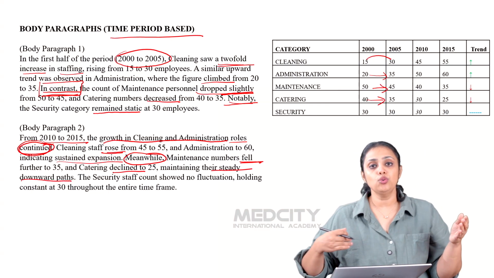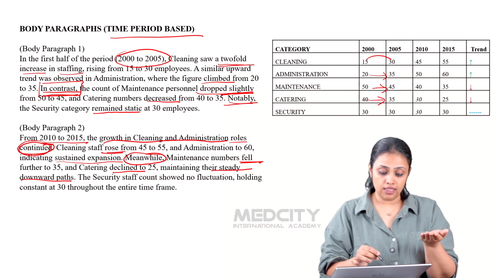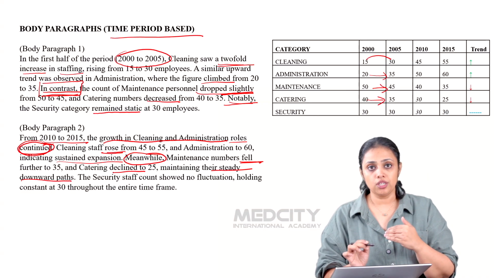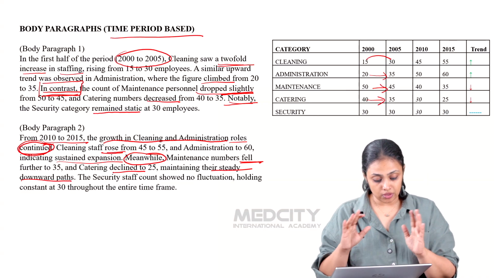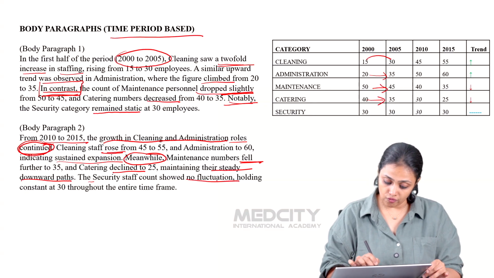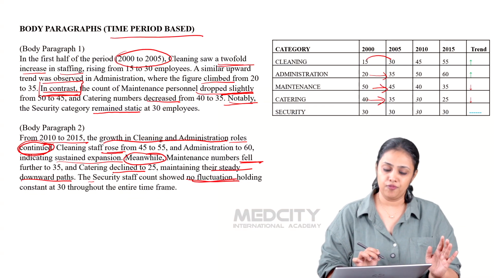That is, they have also maintained that trend. Initially, in the first body paragraph, in the first 2 years, they have showed a declining trend. In the next 2 years also, they have followed the same pattern. Then the security staff count showed no fluctuation, holding constant at 30 throughout the entire time frame.